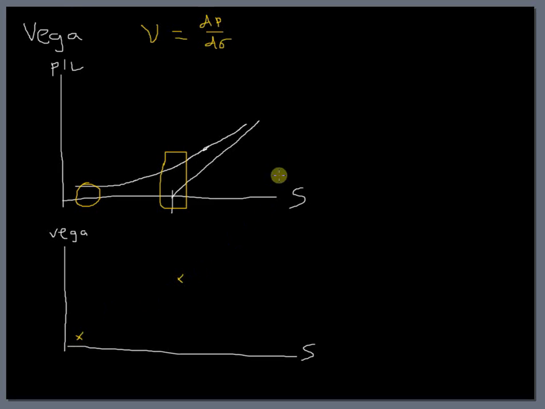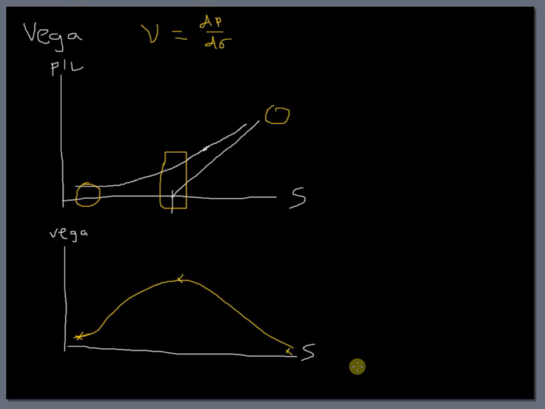And conversely, when you are way in the money, say at this point, it really takes a lot of movement for the underlying price to move below K. Similarly, the vega at this point is also very low. So the vega diagram against spot looks something like that.